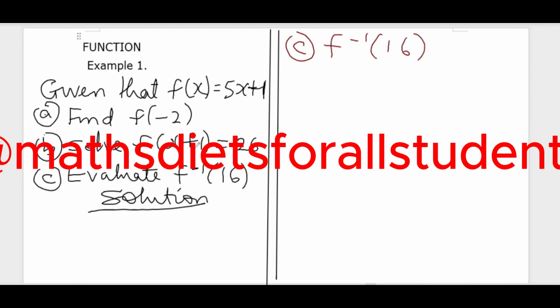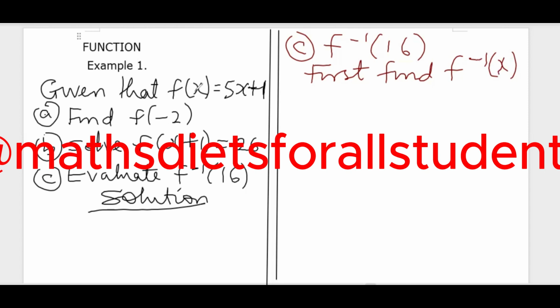To find the f inverse of 16, you cannot use 16 to replace x in this function, because this function is just a function of x, not the inverse function of x. In this case, we need to first find f inverse of x itself. How do we do this?